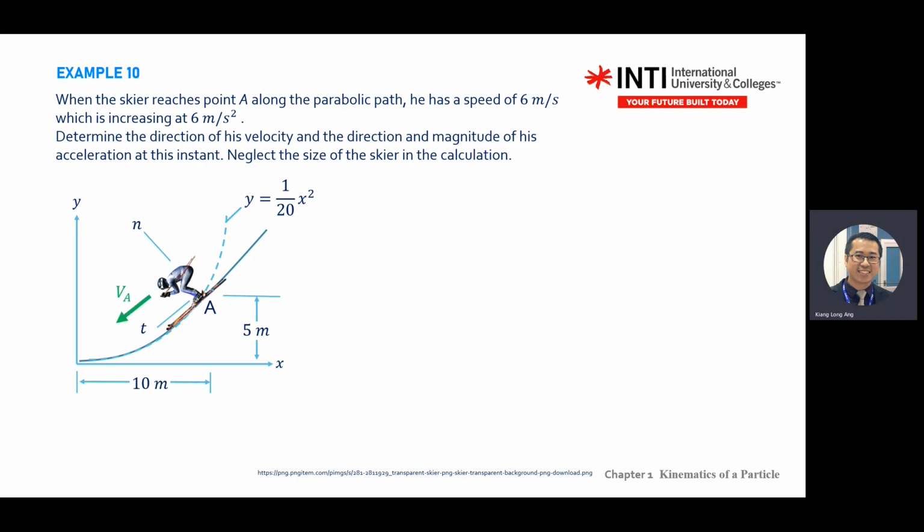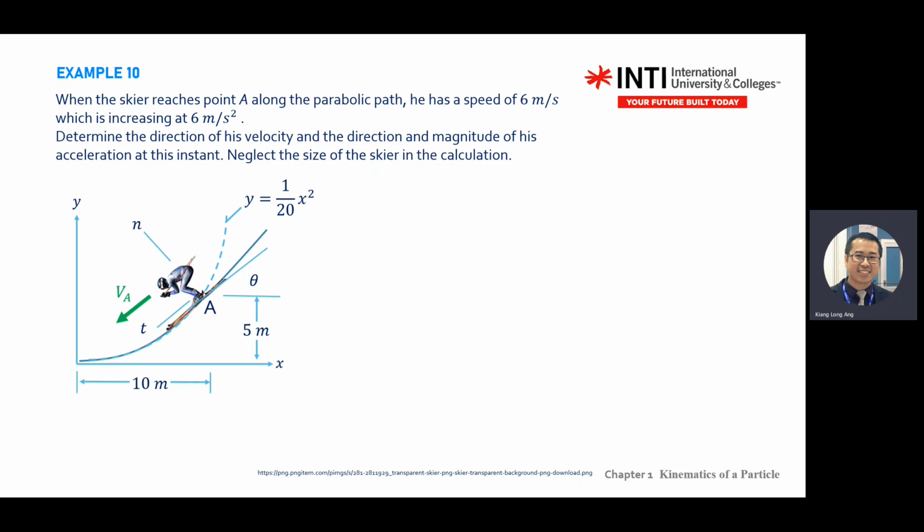Then your VA given is 6, and there is an angle theta here. This angle theta is at this point referring to x. Why do we need this theta? Because we need to tell the direction.